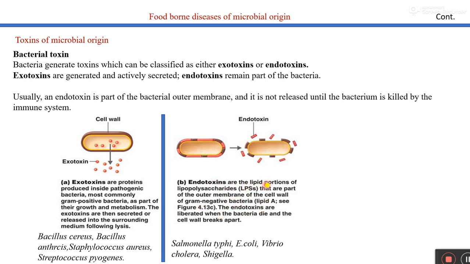Endotoxins are a lipid portion of lipopolysaccharides that are part of the outer membrane of the cell wall of gram-negative bacteria. Endotoxins are liberated when the bacteria die and the cell wall breaks apart. Examples of bacteria which release endotoxins are Salmonella typhi, E. coli, Vibrio cholerae, and Shigella.